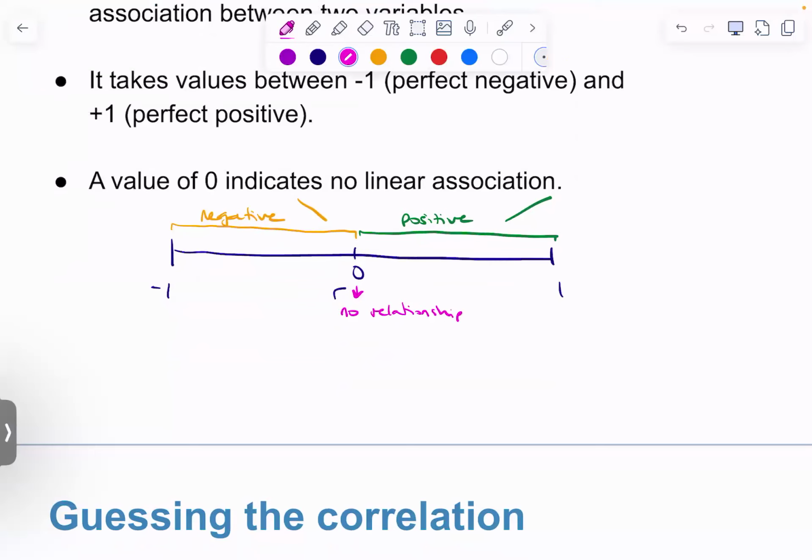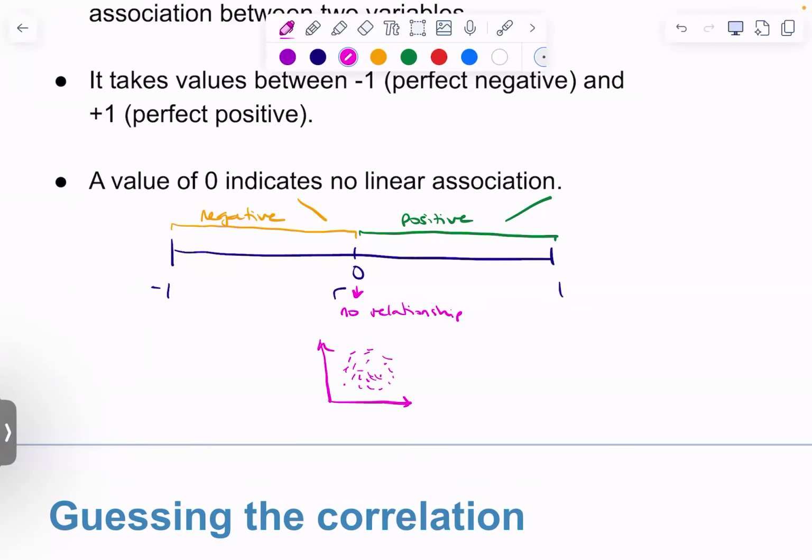What does that look like in terms of the scatter plot? It would just be a cloud of points, right? And so if you have something that looks like this, that would be no relationship.